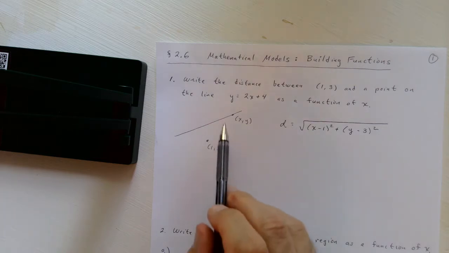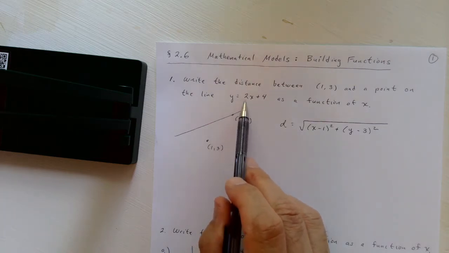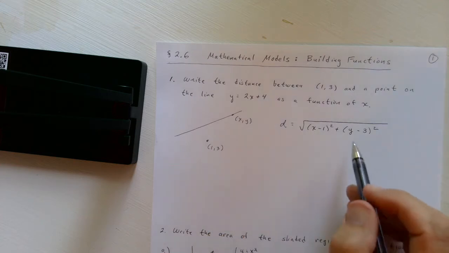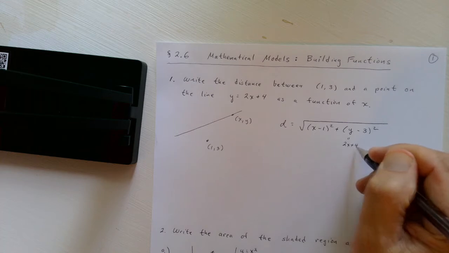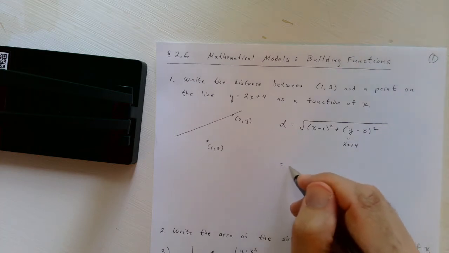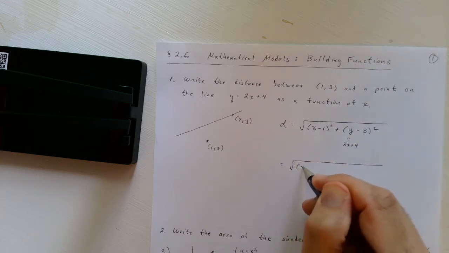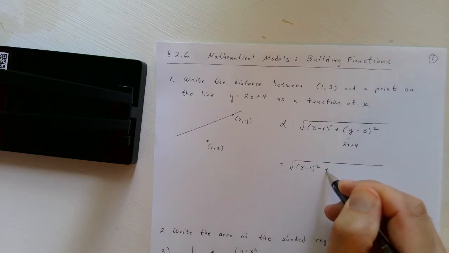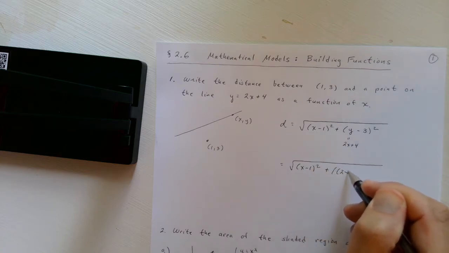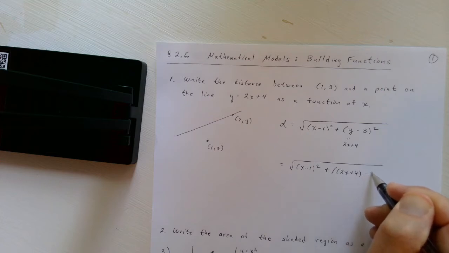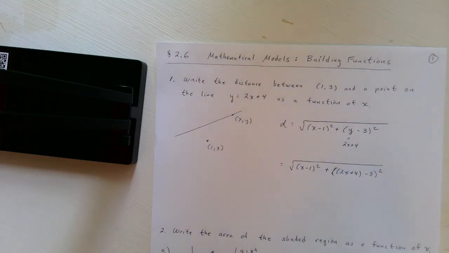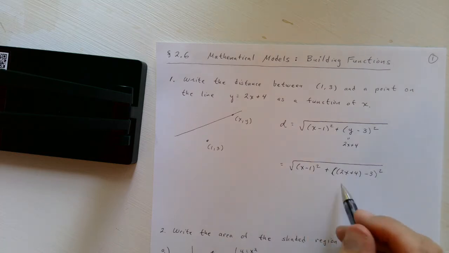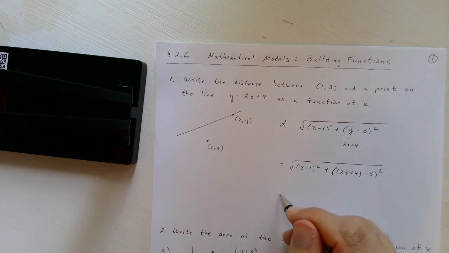We know that this point is on the line y equals 2x plus 4, so we can simply replace y with 2x plus 4. Now this becomes the square root of (x minus 1) squared plus (2x plus 4 minus 3) squared. Then we can simplify this. 2x plus 4 minus 3 would be 2x plus 1.